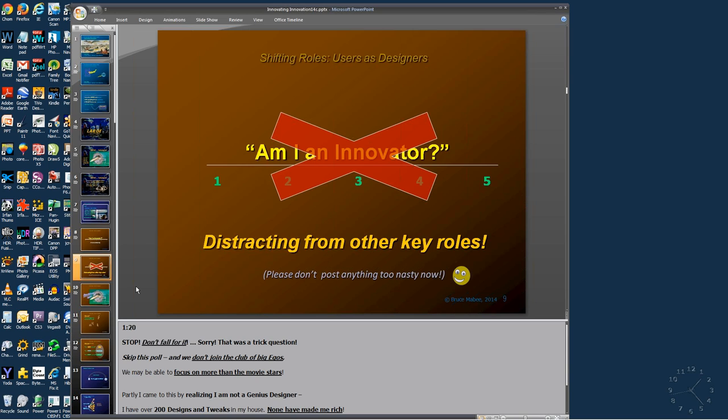I'm hoping, and I believe we are starting to do this, not just focusing on what I'm calling the movie stars of innovation. I have to admit that I came to this by realizing that I am not one of the genius designers. When I look around my house, I find over 200 designs, 200 little innovations that I have done, and not one of them has made me a rich man.